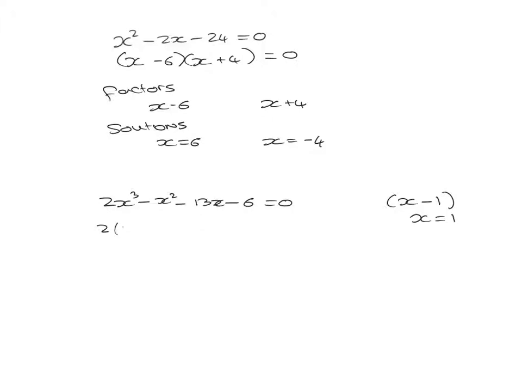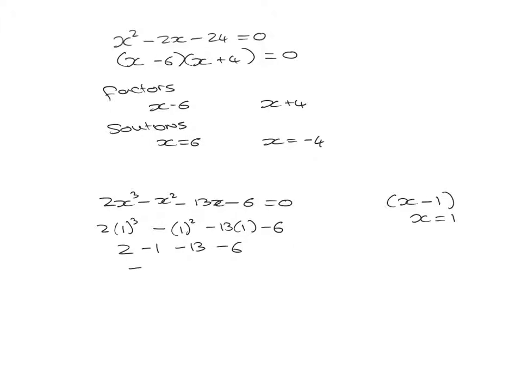So 2 times 1 cubed minus 1 squared. So every time there was an x, we replace it with 1. And we work out what we get. So we're going to get 2 minus 1 minus 13 minus 6. So that's going to be minus 2 minus 20.